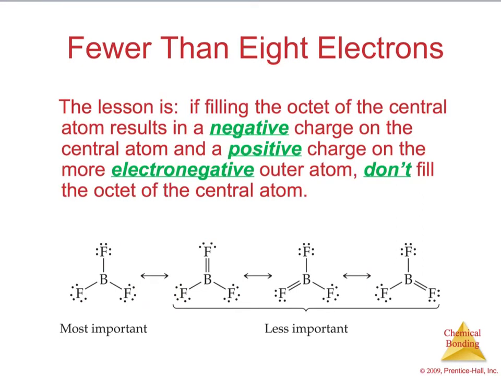So if we want to make a conclusion out of this, we can conclude that if filling the octet of a central atom results in a negative charge on that central atom, in this case boron, and a positive charge on the more electronegative atoms, which in this case was fluorine, then we don't need to fill the octet of the central atom. That's why boron is essentially only going to end up with 6 electrons.